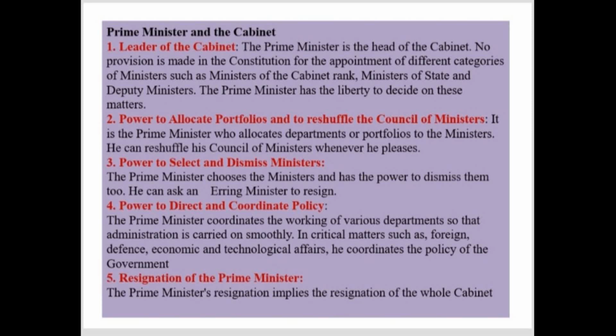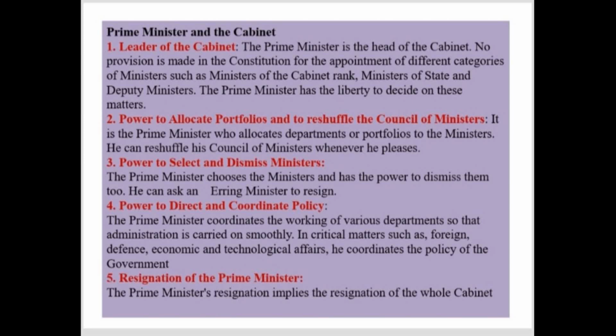What do you mean by portfolio here? Giving a particular department or ministry or position to a minister. So it is the will and wish of the prime minister to allocate any department or to change any department for the minister. In the council of ministers, anybody can be reshuffled with their departments.